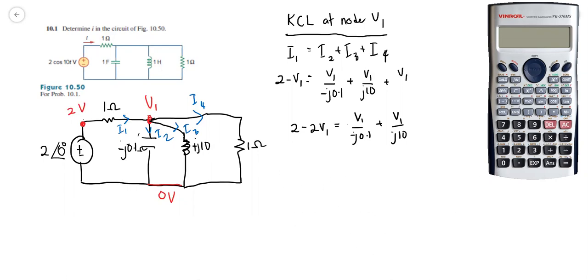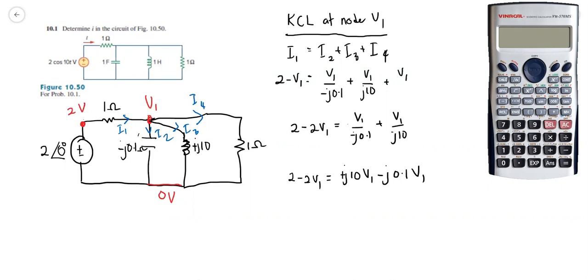So for this case, 2 minus 2V1. Because I'm putting the j up, this one becomes positive j 0.1, so 1 over 0.1 is positive 10V1. And then this j going up becomes negative j, 1 over 10 is negative 1 V1.